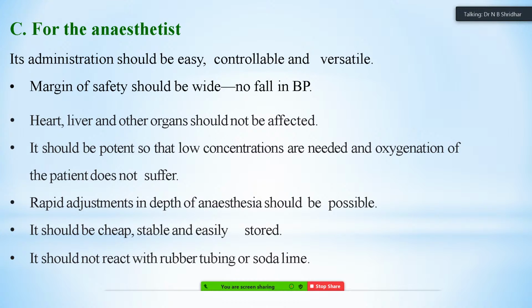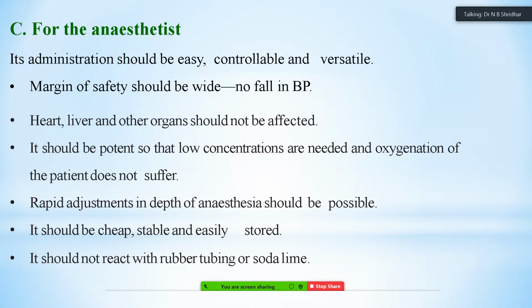If it is narrow, then the anesthetic dose and the dose causing death will be very close. That should not be there. Heart, liver and other organs should not be affected. That's also another property. It should be potent, so that low concentrations are needed and oxygenation of the patient does not suffer. That is also very important.